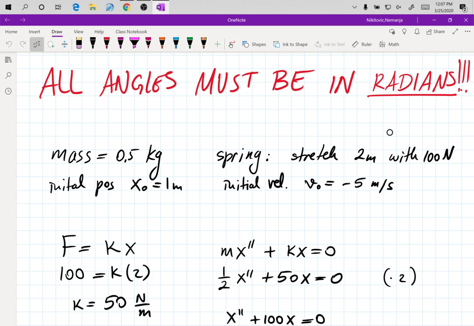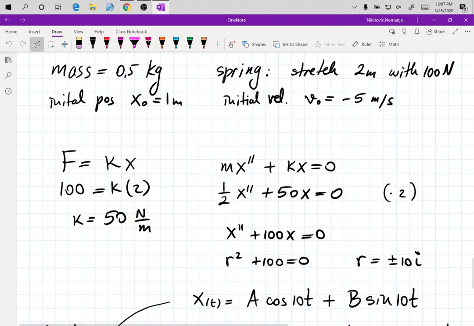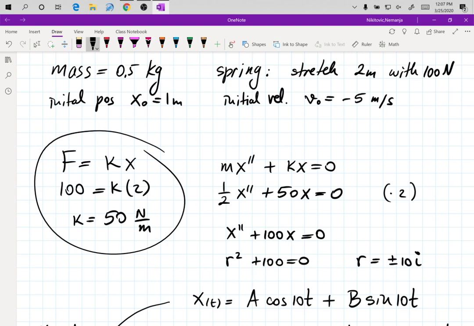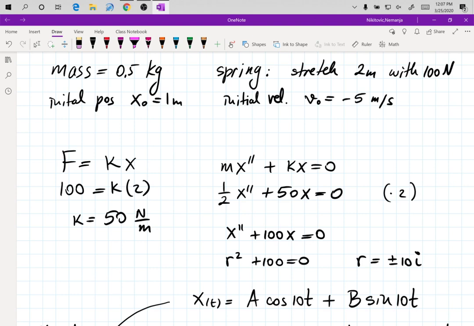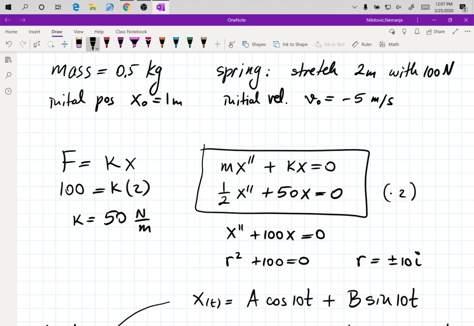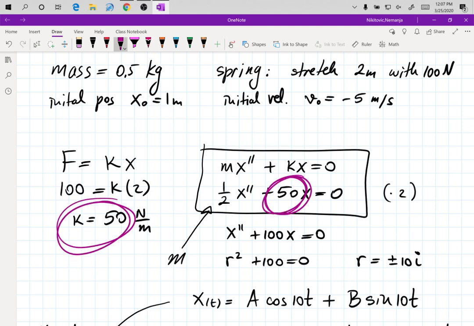So we first calculate with the information given. We first calculate the spring constant, which worked out to be 50. And then we go and write our equation using M and using K of 50.